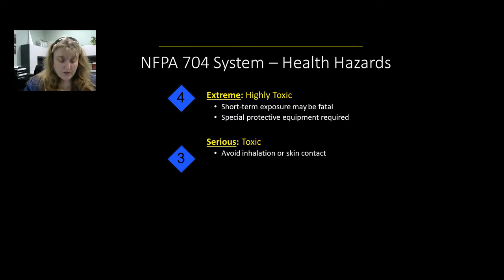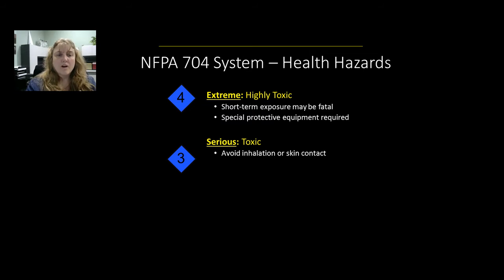When you see the blue diamond, that is referencing the health hazards specifically as part of that NFPA 704 system. And you're going to see a scale of 0 to 4. So 4 being extreme, 0 meaning none. With the number 4, it's determined to be highly toxic, where you can have just a short-term exposure and it still be considered fatal.